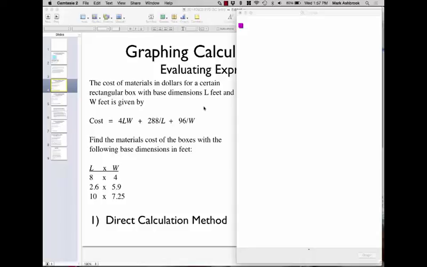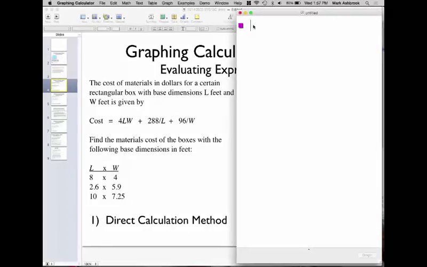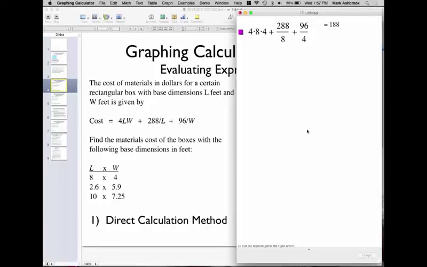So I could just come up here and say, oh, the first box is 4 times the length, 8, times the width, 4, plus 288 divided by the length plus 96 divided by the width. How did I do?